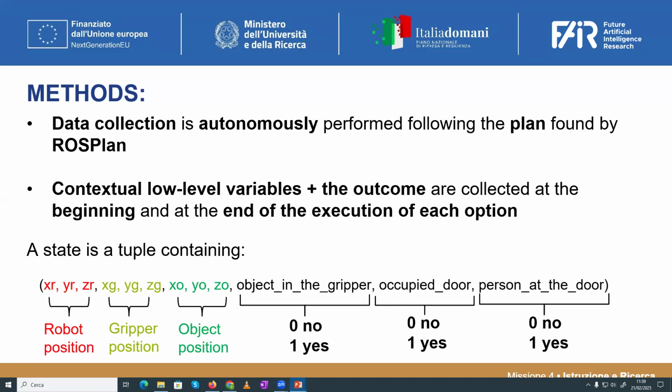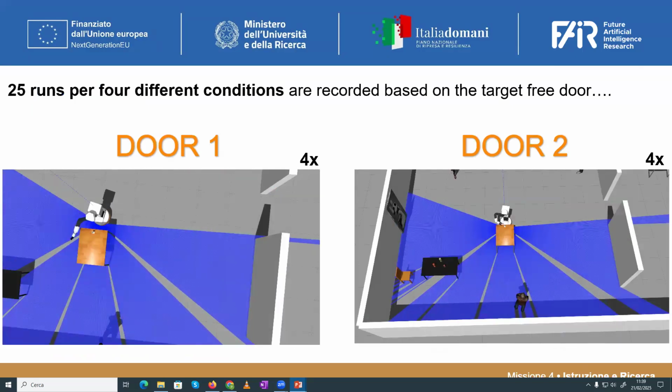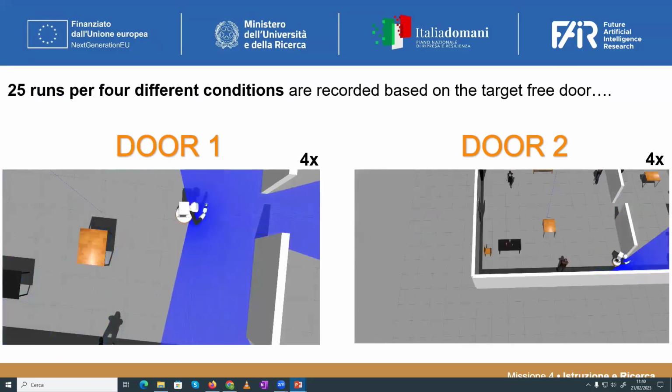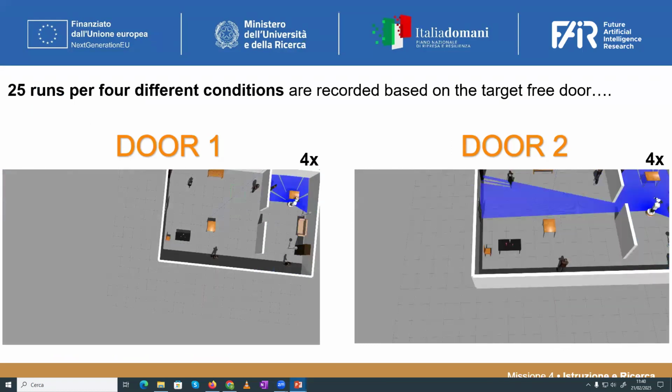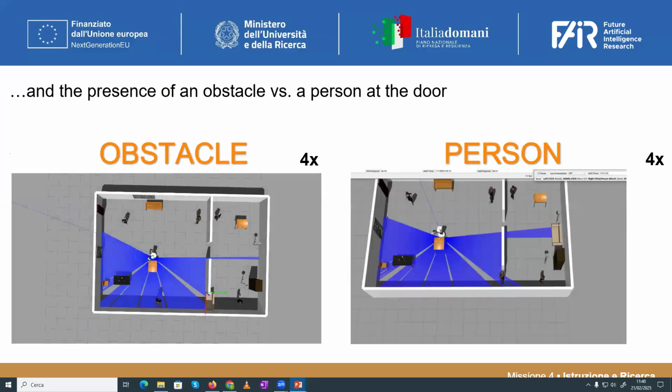And the state is a list of variables. Some are continuous, others are discrete. For example, robot position, the gripper position, and so on. And we run several experiments. So the robot moves, for example, from one table to door 1, or moves to door 2, and we collect the state and the effects of the action. Or the robot interacts with obstacles or with a person.